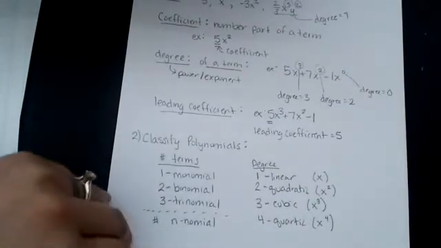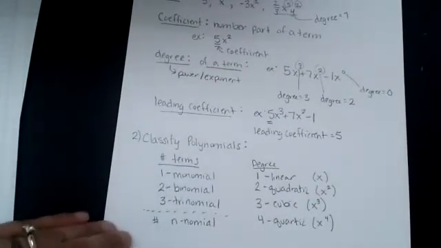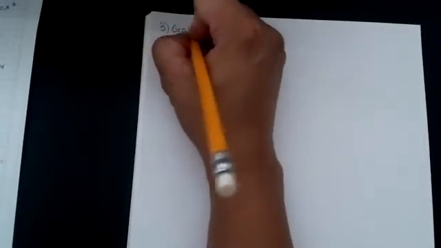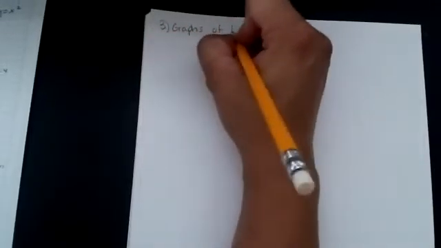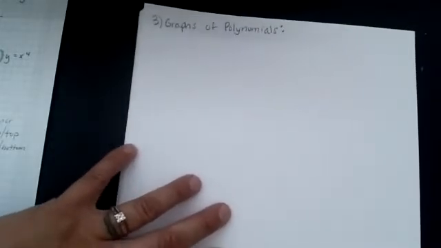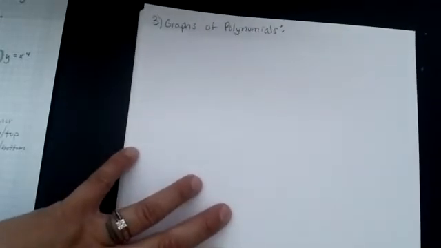Okay, let's go into graphs of polynomials next. Graphs of polynomials. Now on graphs of polynomials, if you have an odd function, we're going to be paying attention to the tail ends of the graphs, okay?